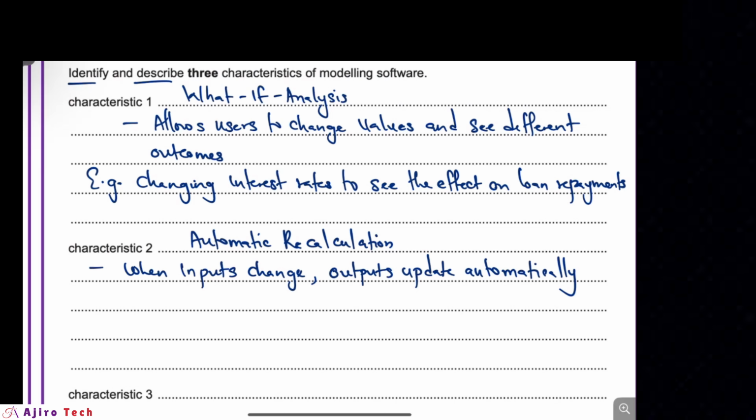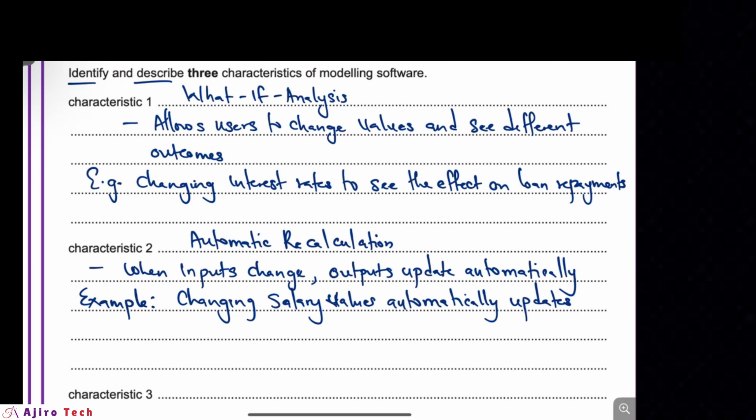So if you want to do calculation, if you have done the formula on the output, if you put any value in the input, it's going to change. Let me give you an example: changing salary value automatically updates total payroll.